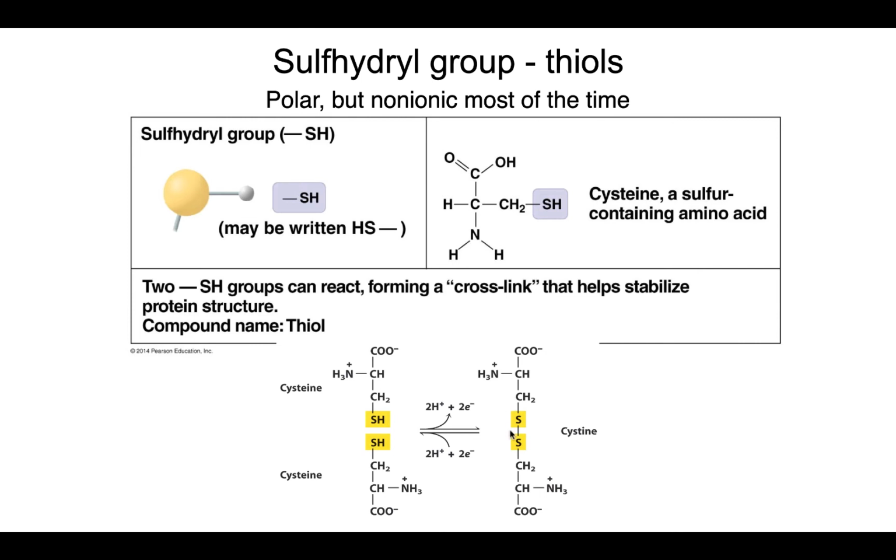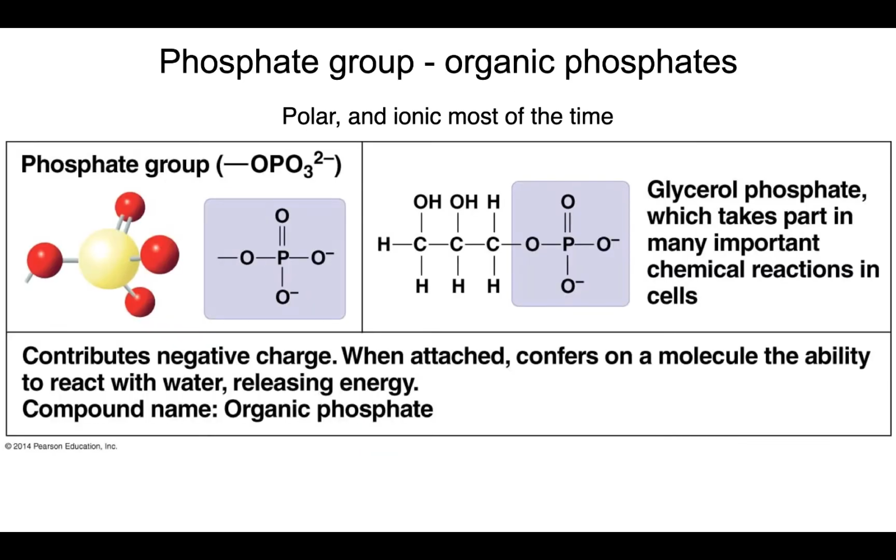This is called a disulfide bridge. It's a covalent bond that links those two sulfurs together, and this will be an important reaction for the structure of many proteins. And we'll look at that a little bit more when we talk about proteins.